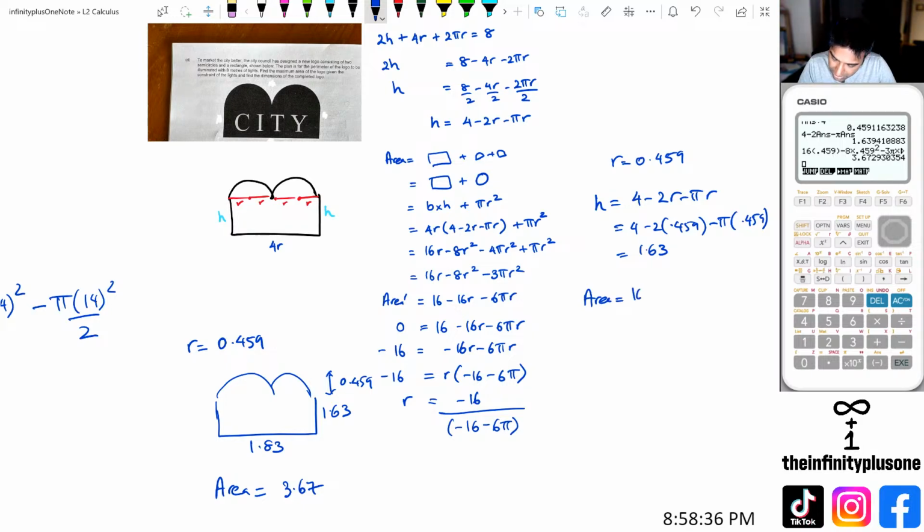Then I did area, which is 16 times 0.459 minus 8 times 0.459 squared minus 3 pi 0.459 squared. It does take a long time to do it without the graphics calculator.